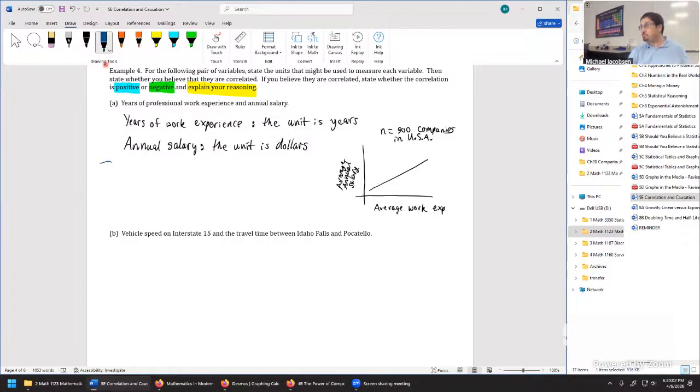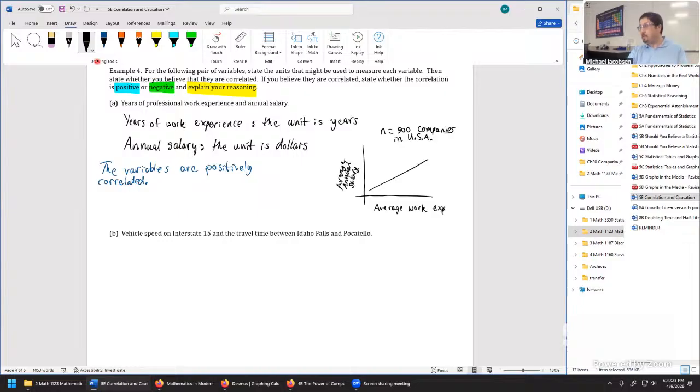So let's write out a statement. The variables are positively correlated. Now we have to explain that.